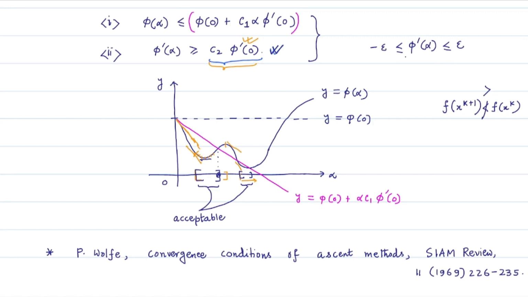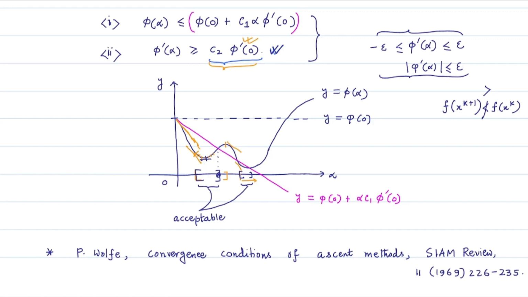Then you notice that this condition, or in a compact way the condition that phi dash alpha's absolute value is less than or equal to epsilon, ensures that the step length alpha is very close to a local minimum, or at least a stationary point.